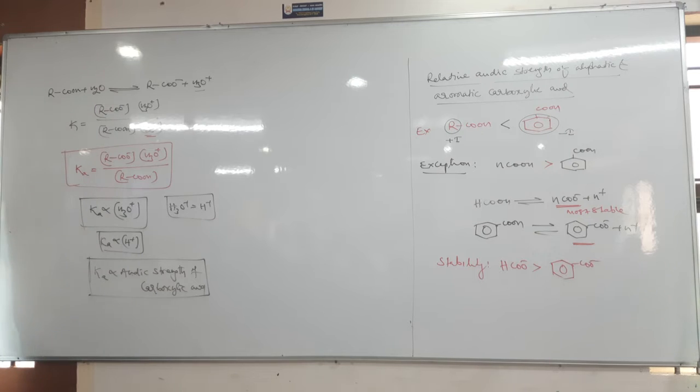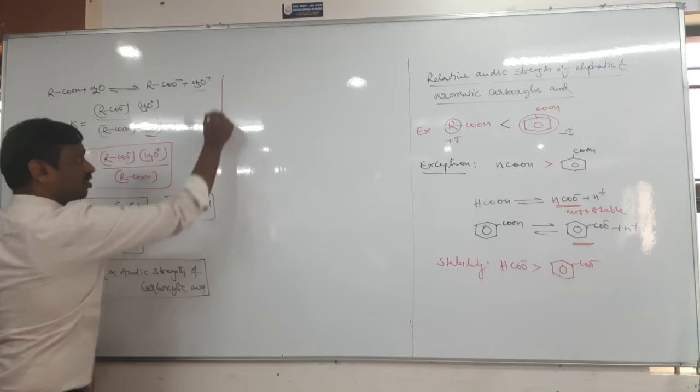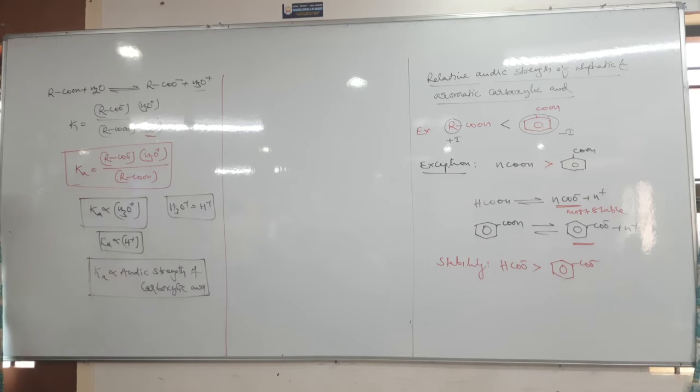So therefore Ka is directly proportional to the acidic strength of carboxylic acid. So here onwards we use Ka. Next, Ka is nothing but it measures the acidic strength.